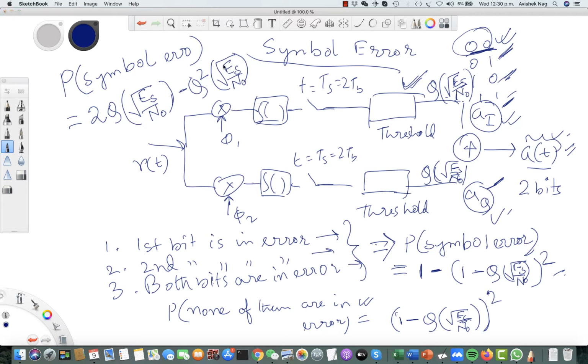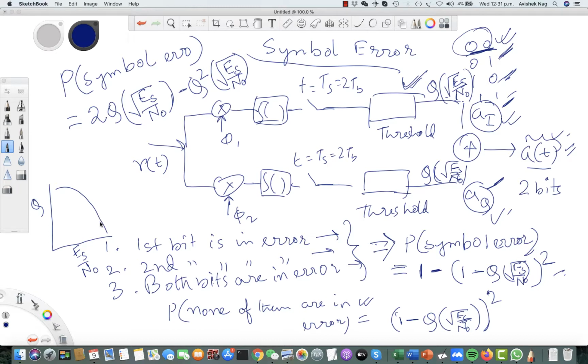Okay, so this Q function has a property that if you plot it for Es by N0, then the Q of Es by N0 falls very sharply as Es by N0 increases.